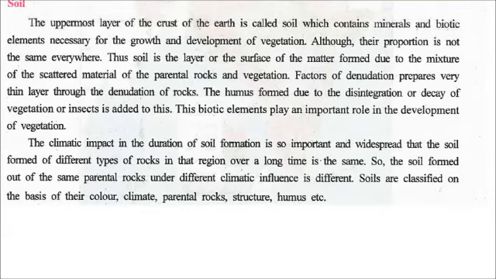Then the soil that will be formed over a long period of time will be same. But the soil formed out of the same parental rock, and if the climate of that region is different, then the soil will be different. So everything depends more on climate of that region for the formation of soil.